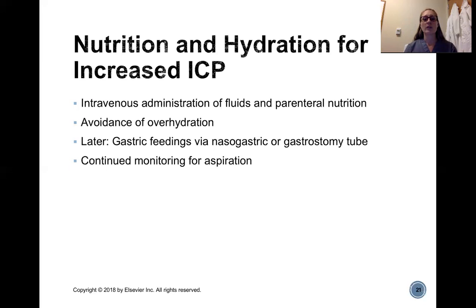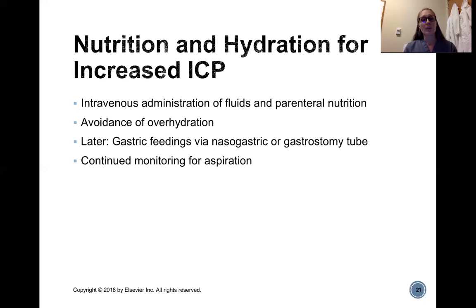So we're going to avoid overhydration and keep a close eye on their eyes and nose to ensure that we are not giving them too much fluid. Avoiding overhydration will help prevent cerebral edema.